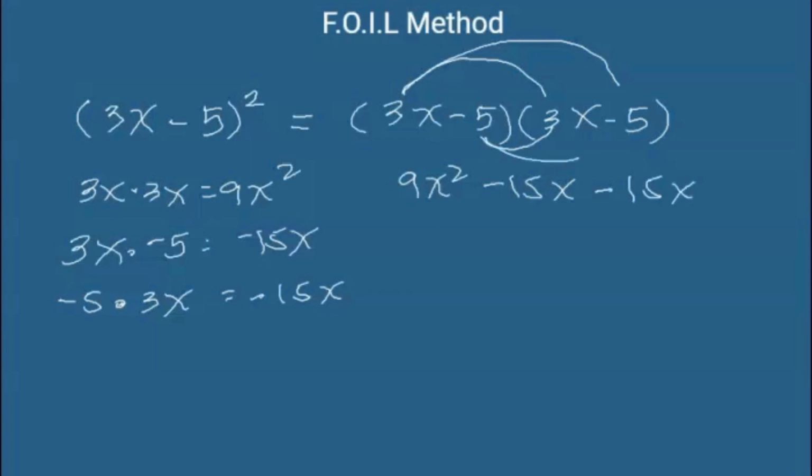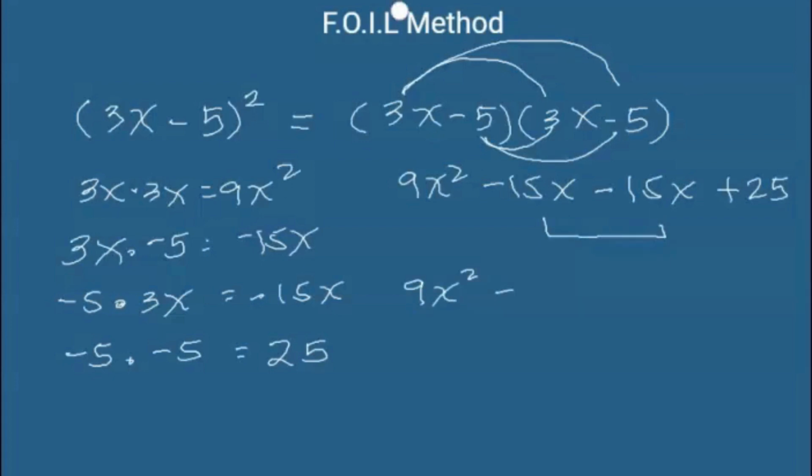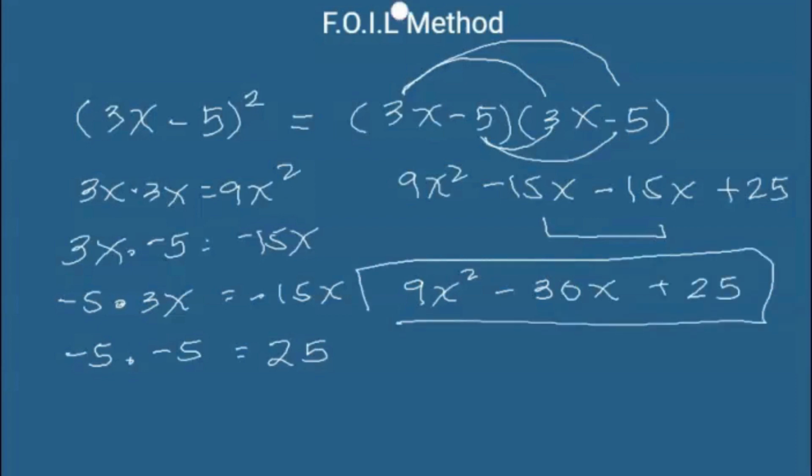And the last terms: negative 5 times negative 5 is positive 25. Then we combine the similar terms. So we have 9x squared, negative 15x minus 15x is negative 30x, plus 25. So this is the answer.